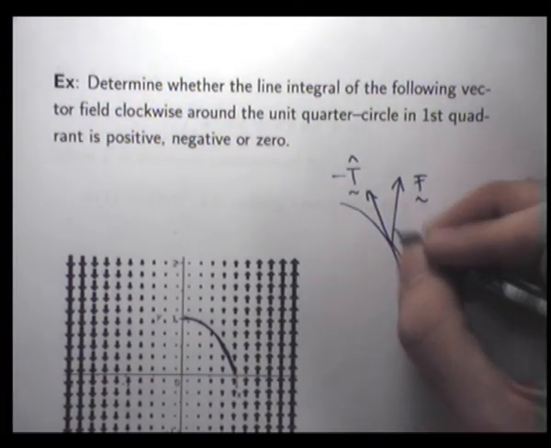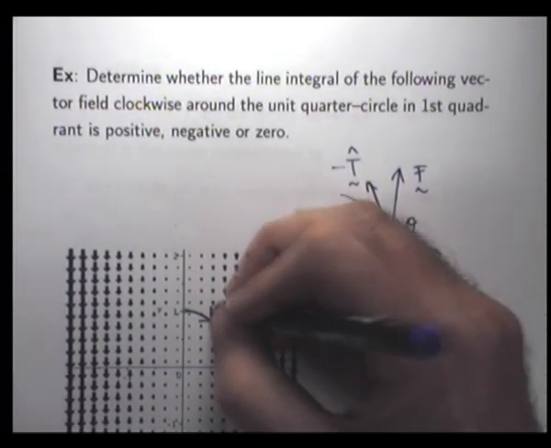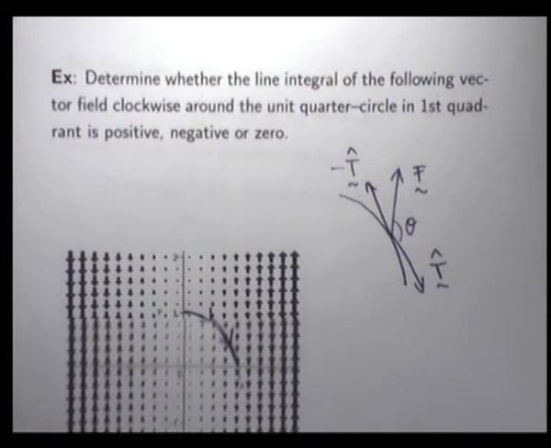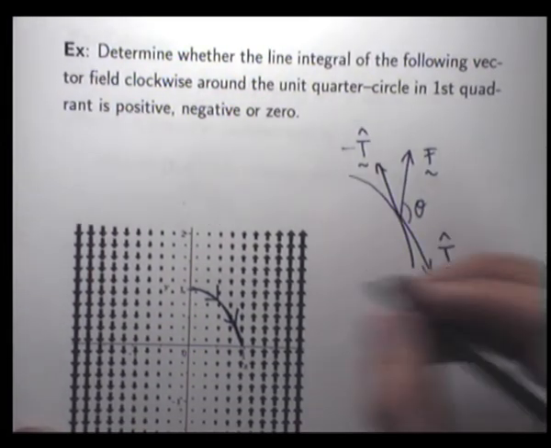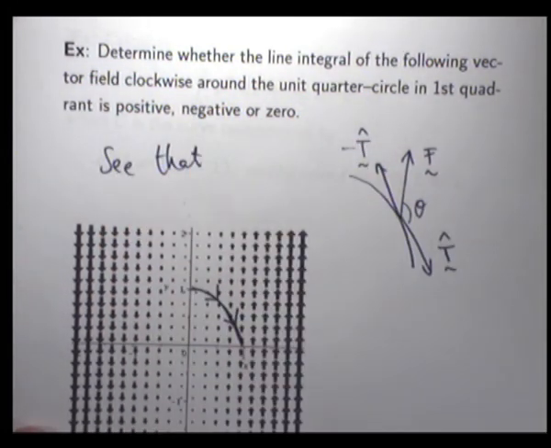So the angle here, I should put this into my picture, right? It's going to be between 90 and 180 degrees. So what's the value of the line integral going to be? Well, is it positive, negative, or 0?